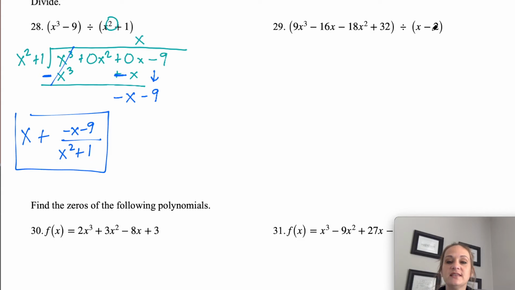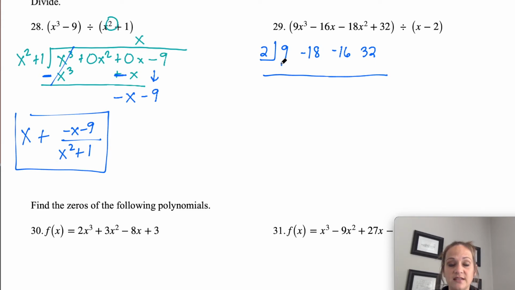Now here I can use synthetic division because this is not an exponent. So I'm going to make what's on the shelf to be 2 because you basically set this equal to 0. So you'll get 2. 9, negative 18, these two are switched. Be really careful. The negative 18 goes first. Negative 16 and 32.